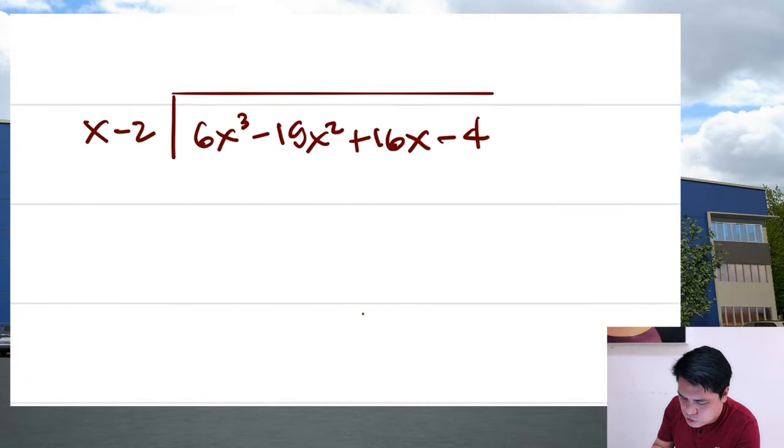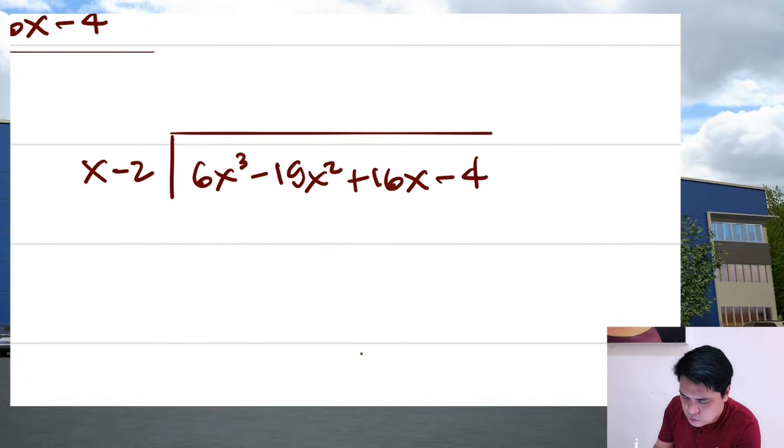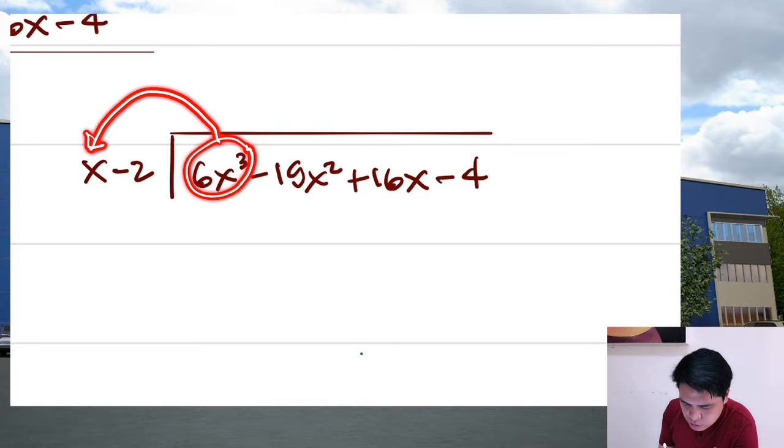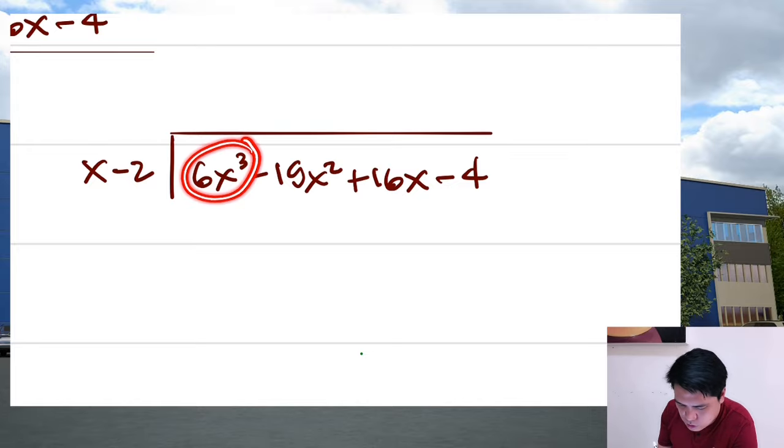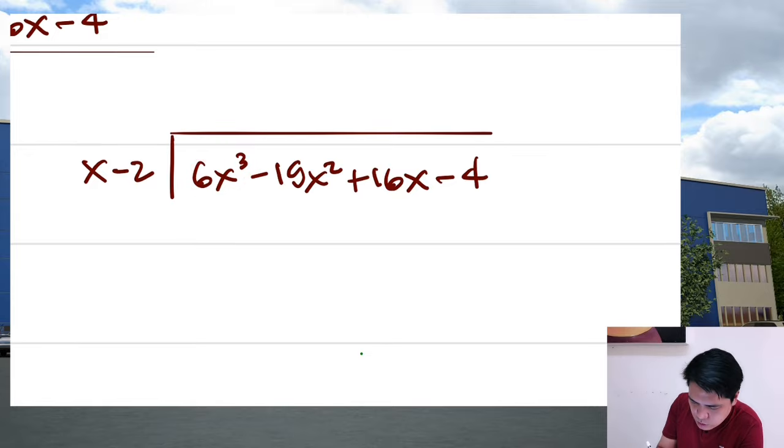So the procedure for long division is like this. First, look at the first term, the term containing the highest degree. So first, we divide here: 6x cubed divided by x. That would be 6x squared. Then 6x squared multiplied by x would be 6x cubed.